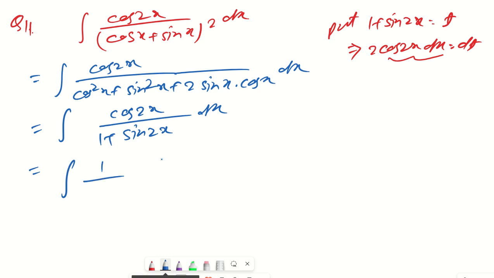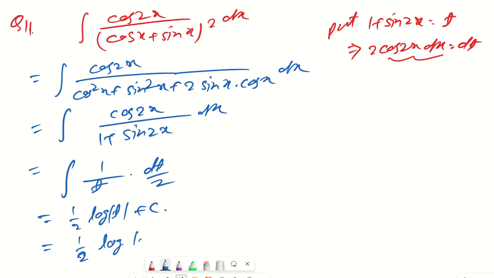We will have 1 by t into dt by 2. Understood? By solving this, 1 by t integrates to log t, so we get 1 by 2 times log of t plus some constant c. We replace t with 1 plus sin 2x, so it becomes 1 by 2 log of 1 plus sin 2x plus some constant c. This is how we can put it.